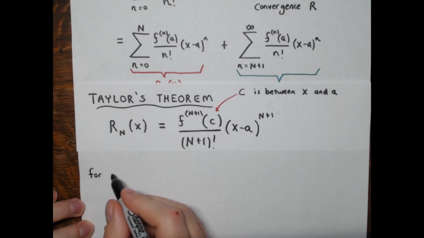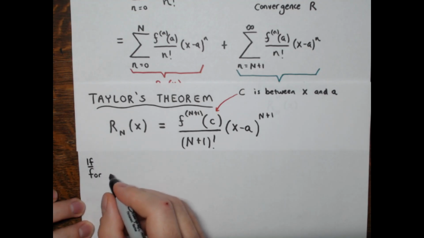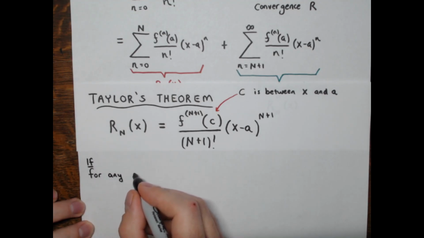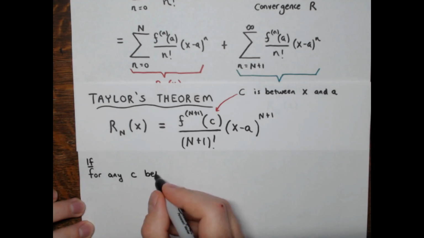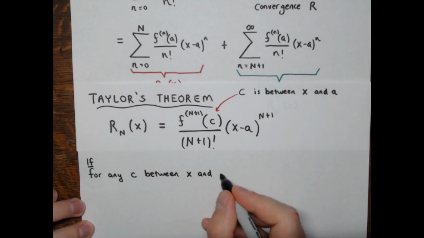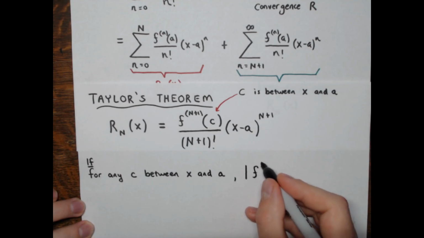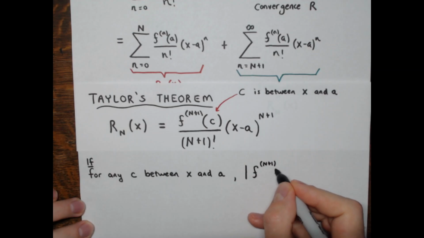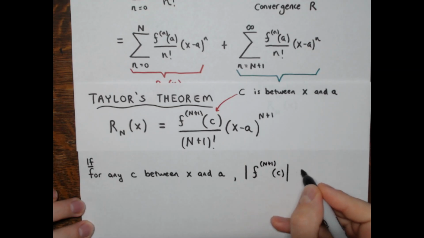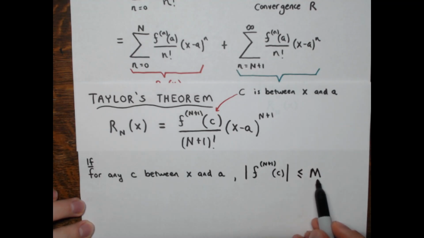If for any c between x and a, the absolute value of this n plus first derivative of the function at c is less than or equal to some value capital M. All right, so M is just some positive value, absolute value, so this should be positive.